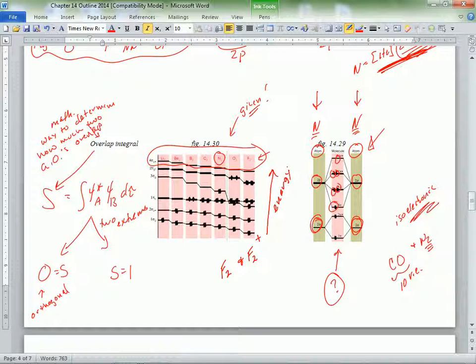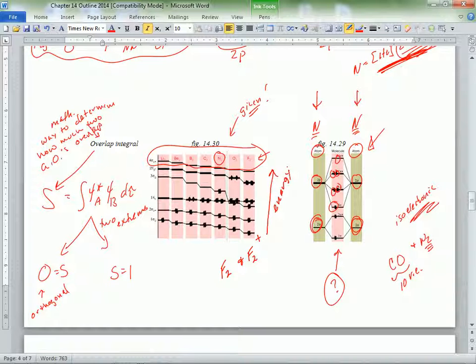So if you remove this, how are you changing the bonding character? Are you removing a bonding or an anti-bonding electron? For this one, we're removing an anti-bonding electron. So F2 plus will have what type of bonding character in comparison to F2?